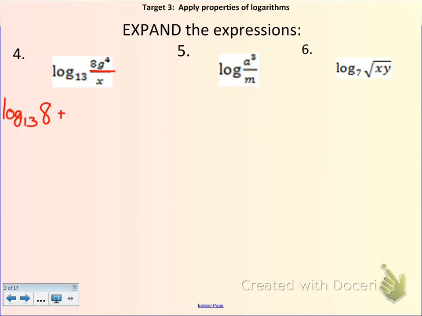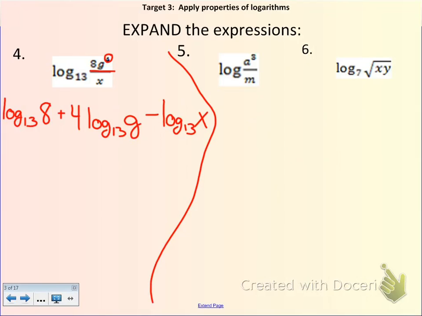And then plus, we're going to bring this 4 out to the front. So we're going to have 4 log base 13 of g. And then division naturally means we're going to subtract now. So then minus log base 13 of x that's on the bottom. And that is our answer there.